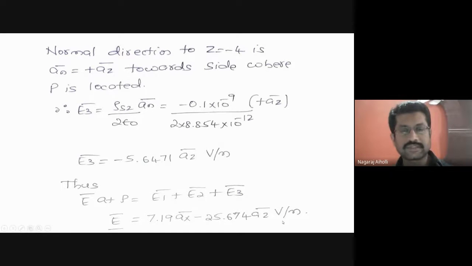Are you getting this answer, students? Everyone? Okay. Have you all solved here? Cross verify your answers.